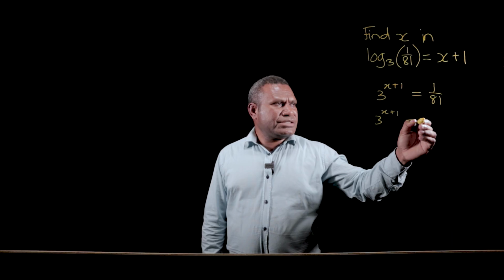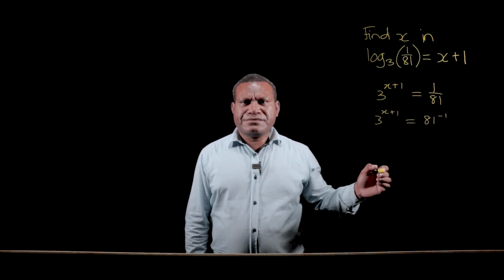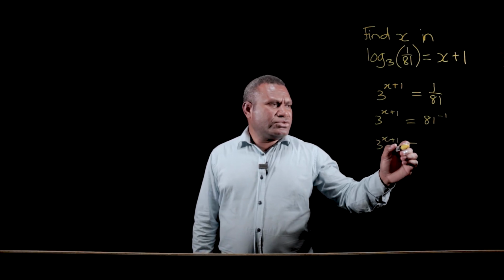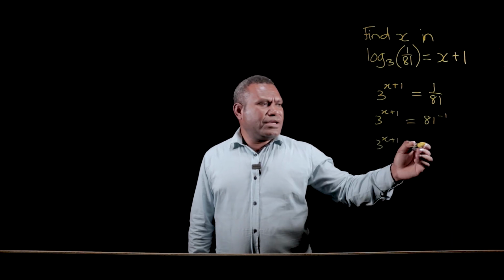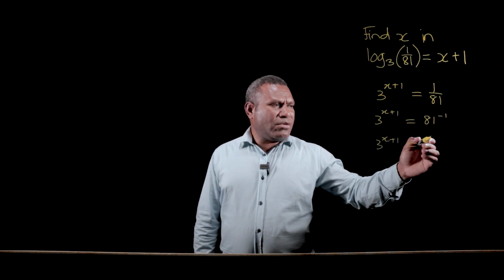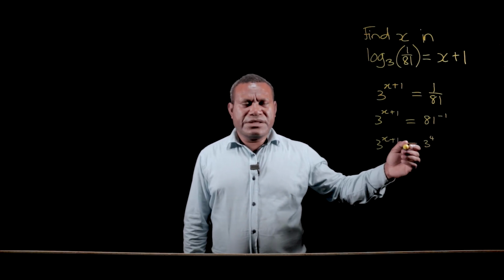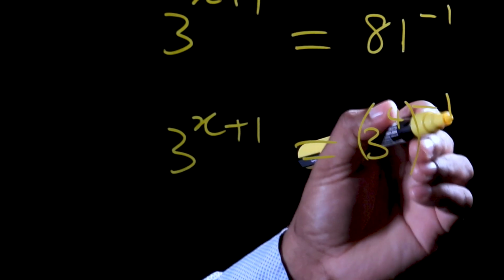If you write 81 in exponential form, this would be 3 raised to the power of 4. It's 3 times 3 times 3 times 3, which gives us 81.